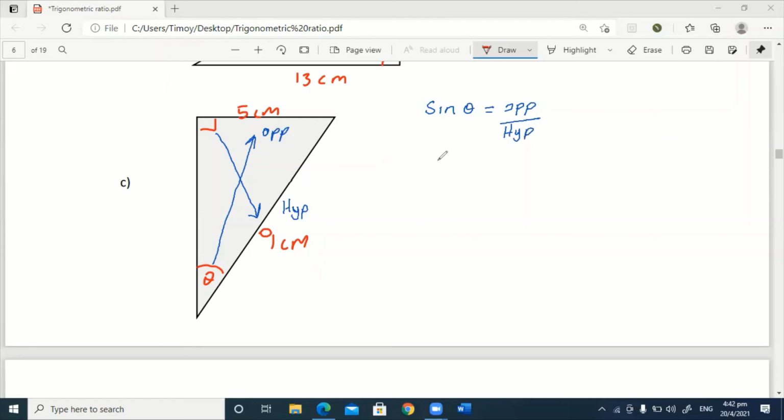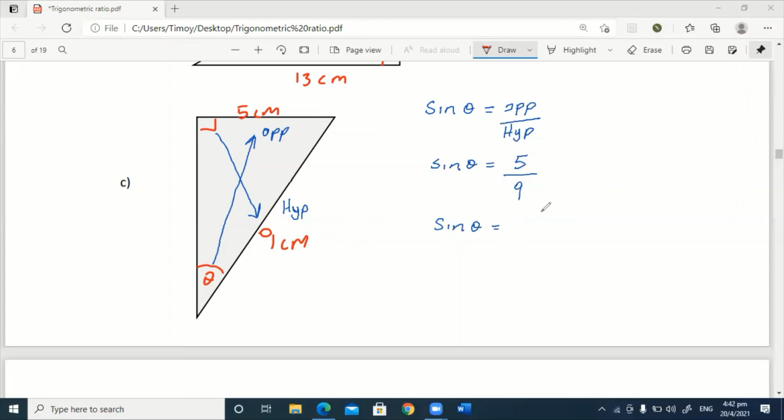What's the opposite length? The opposite length here is just 5, divided by the hypotenuse length, which is going to be 9. So we can see that sine theta is going to equal 5 divided by 9.